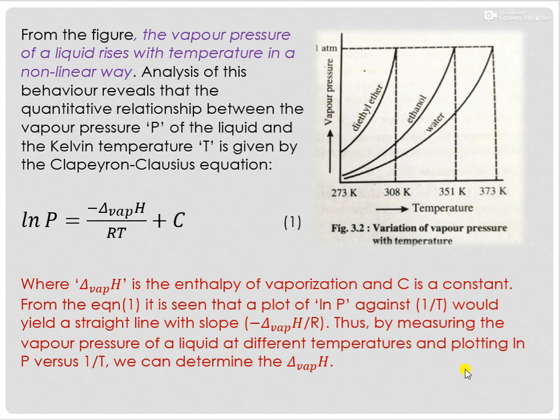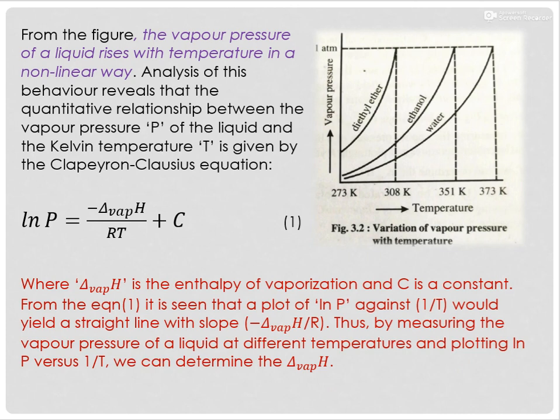When we analyze this behavior, there is an equation connecting the vapor pressure P and Kelvin temperature T. That is the Clapeyron-Clausius equation, given by ln P equals minus delta vaporization H divided by RT plus C. Delta vaporization H is the enthalpy of vaporization, R is the universal gas constant, C is a constant, T is the Kelvin temperature, and P is the vapor pressure.